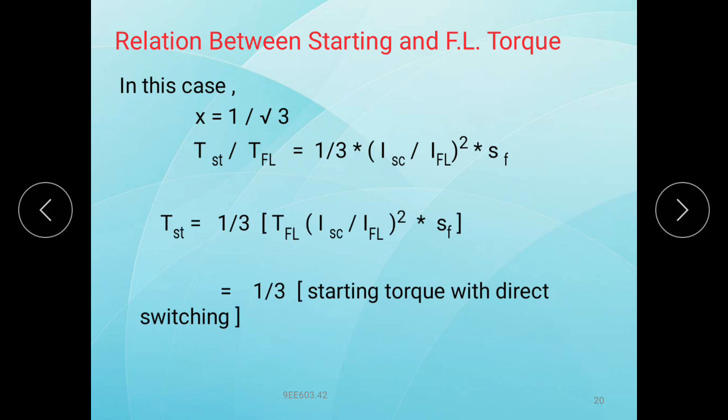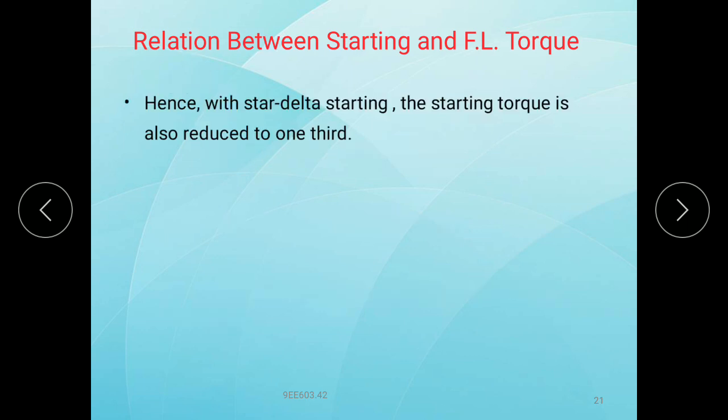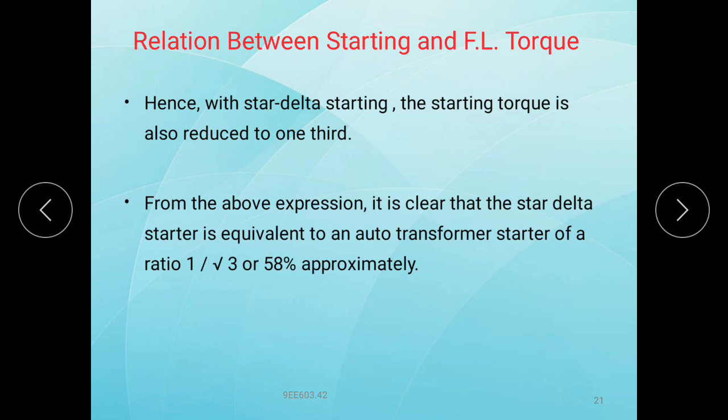So the starting torque is equal to 1 by 3 into full load torque into IS by IFL whole square into SF, that is equal to 1 by 3 starting torque with direct switching. Hence, with star delta starting, the starting torque is also reduced to 1/3.